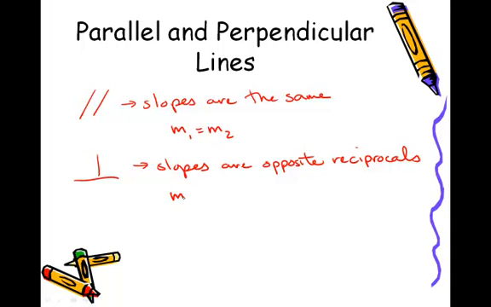So the slope of the first line is equal to the opposite, or negative, of the reciprocal. Hopefully this is something that you remember, and you will be asked in your homework to take a look at a couple of lines and look at their slopes to decide if they're parallel or perpendicular lines.